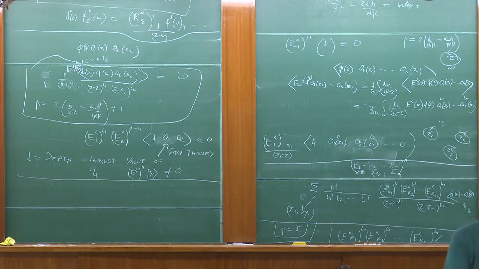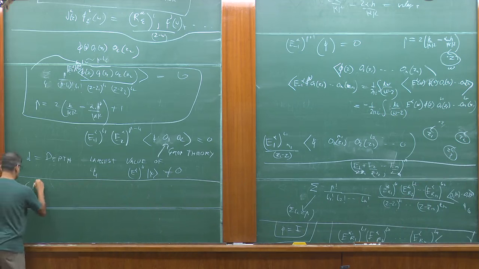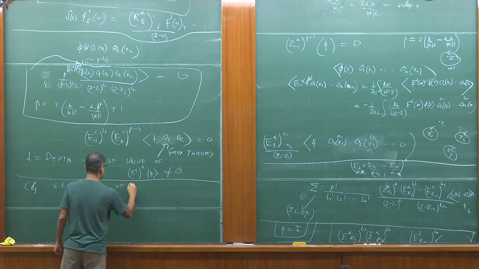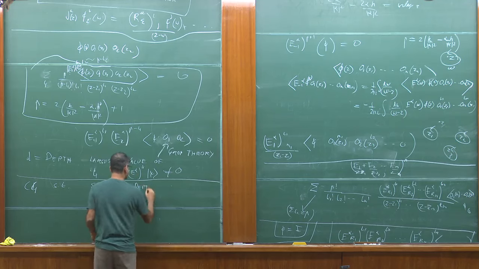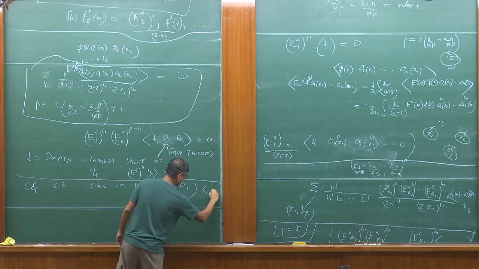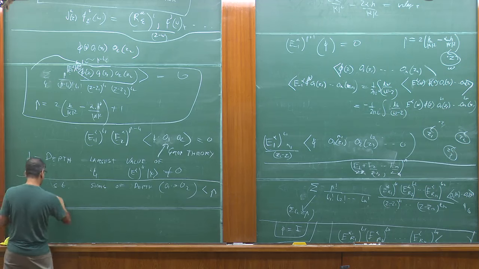Right? So if we have a Clebsch-Gordon coefficient such that sums of depths, I'm only talking about sums in O1 and O2, is less than P, then at least one of L1 or L2 or both would have to be more than the depth of that object, because the maximum otherwise would be depth plus depth, but that's less than P, and L1 and L2 add up to P. Okay, then these are allowed.